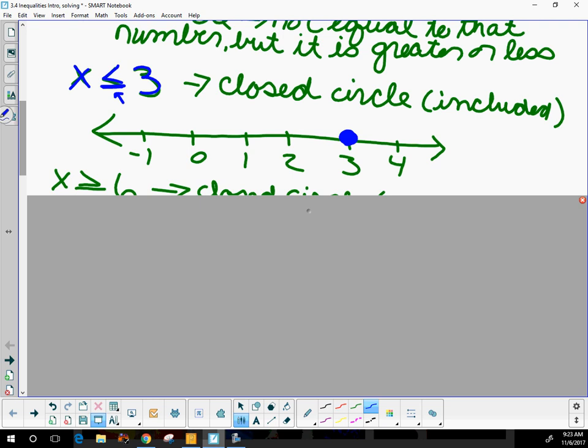And now X is less than that step. And on this side is where numbers get smaller. So I'm going to choose those. And again, you can always check your answers by taking a number from this side. If I put in a 1 here, is 1 less than or equal to 3? Certainly. Is 3 less than or equal to 3? Yeah, it's equal.